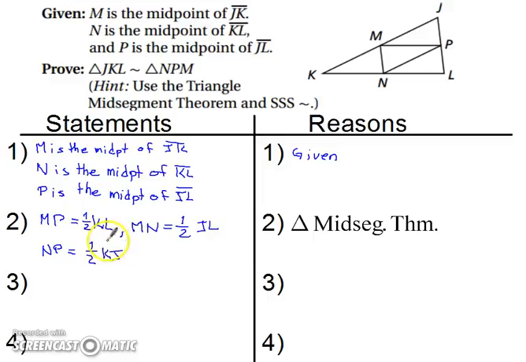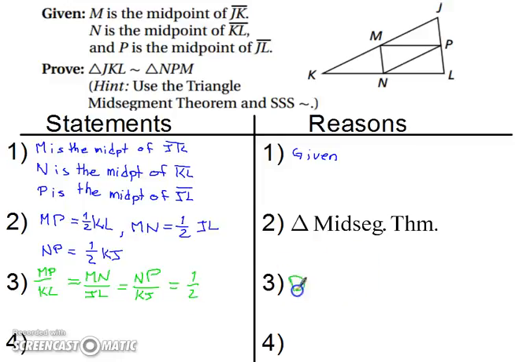And then similar to the last one we did, we can simply use the division property and divide by KL, JL, and KJ, and we will end up with MP over KL equals MN over JL, which equals NP over KJ, and all of those equal 1/2.